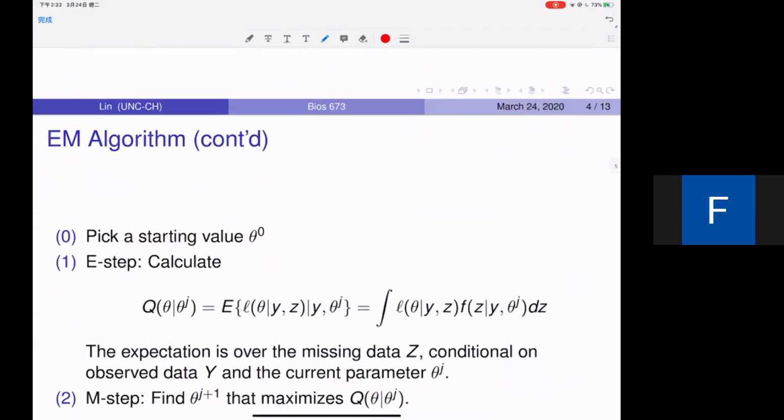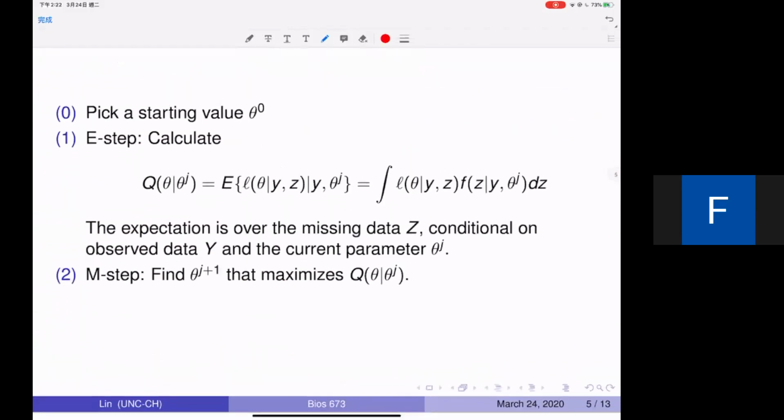Okay, good. So in general, you pick a starting point, theta zero. Then do the E step, then the M step. In the E step, you take the expectation of the so-called complete likelihood function. Basically, it's assuming you know z, then you have y, so I can write down the complete likelihood function. Then I take the expectation with respect to the distribution of z, given that I know y and the old value theta j.